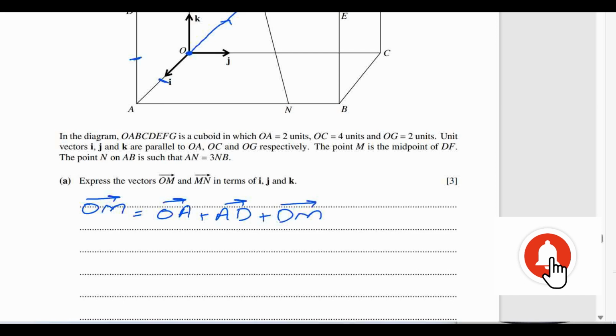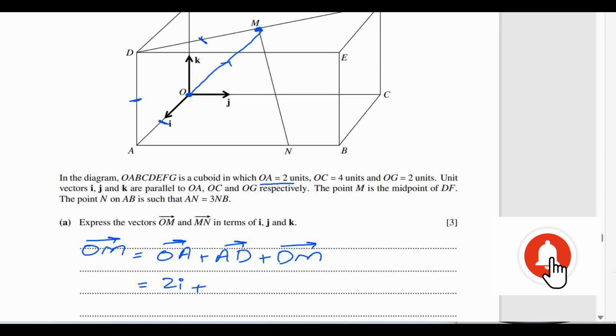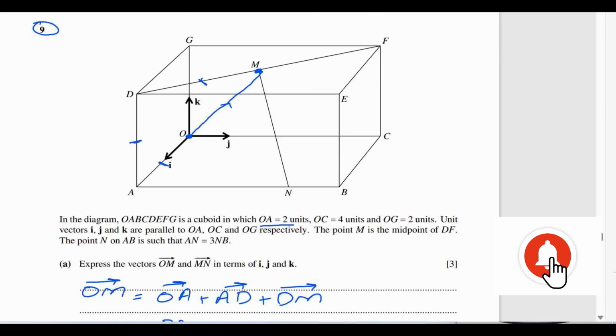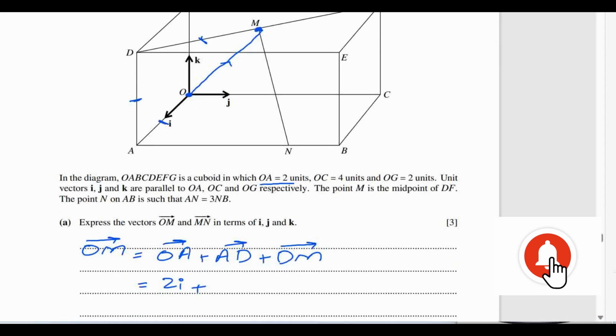Now we know that the value of OA is 2 units, which means it should be 2I because the direction is I, plus AD. AD is going upward, and as it is parallel to vector OG, this will be equal to 2K. Now the last one is DM.